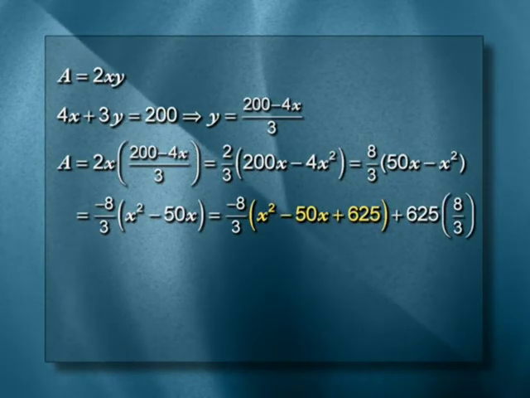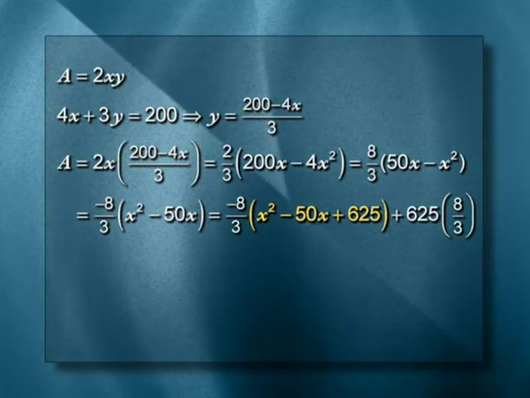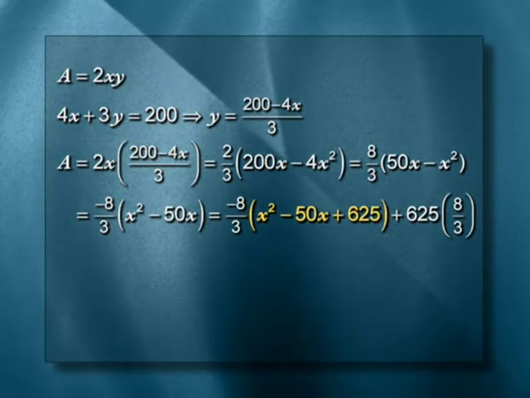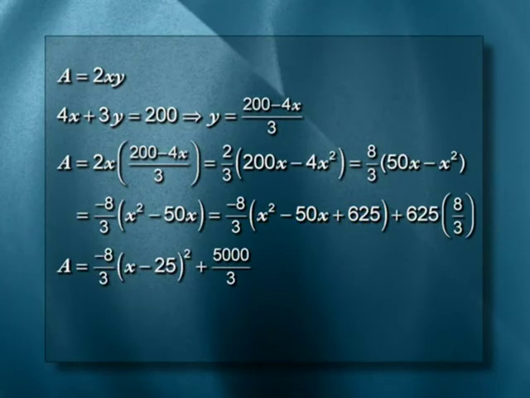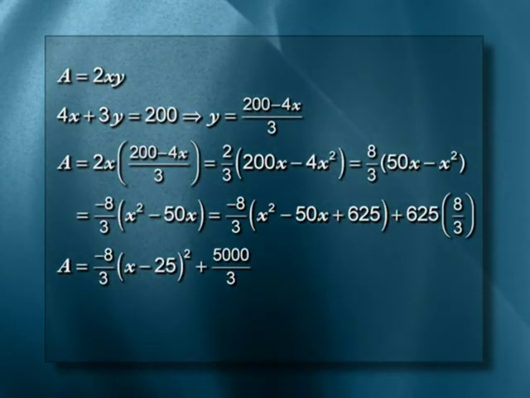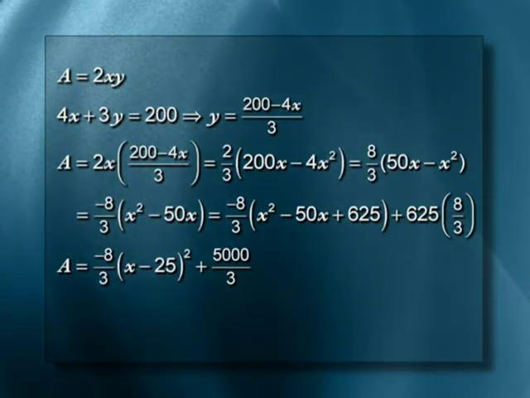And now that thing in parentheses, x squared minus 50x plus 625, is a perfect square. It's x minus 25 squared. And I have my formula for the area, minus 8/3, x minus 25, all squared, plus 5,000 over 3. So I want to maximize this.